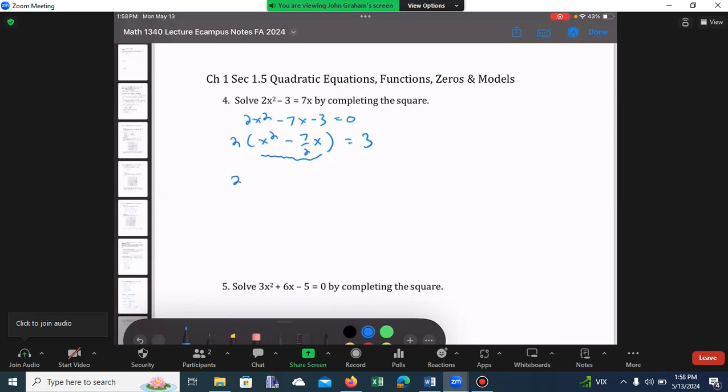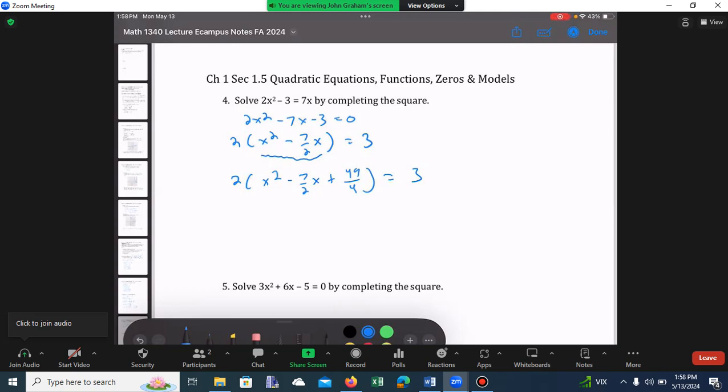So 2x squared minus 7/2 x plus 49/4. Right. So we're multiplying this. We're adding 49/4, but we're not really adding 49/4. We're adding 49/4 times 2, because the 2 is going to distribute to it.